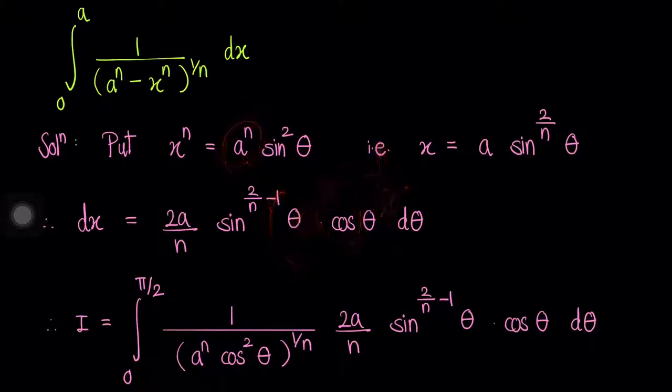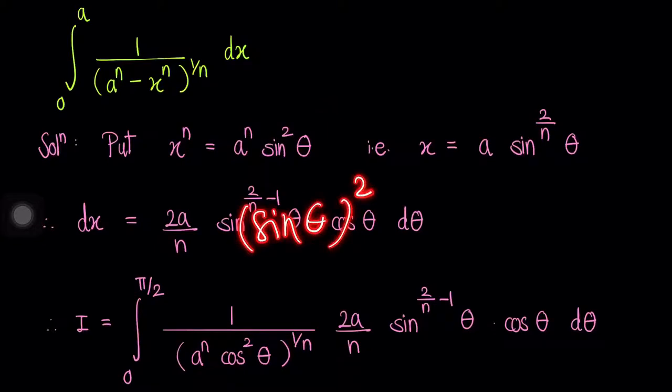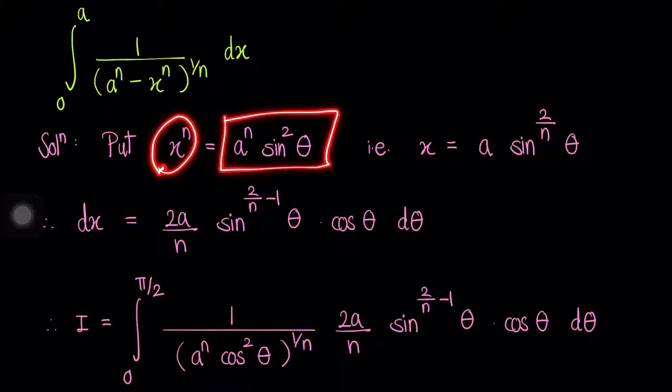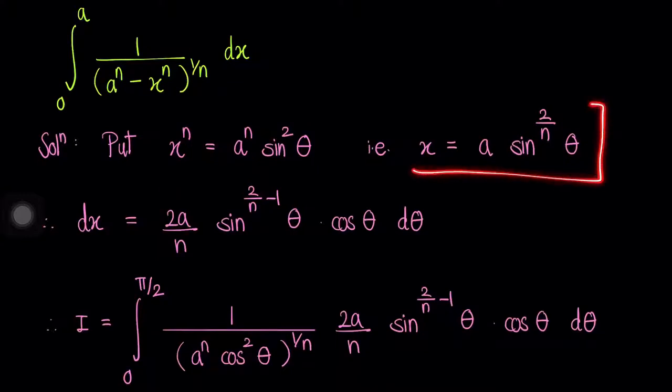So we will have x equal to a into nth root of this sine square theta, that is sine theta whole square into 1 by n, that is going to be sine theta raised to 2 by n. So by putting x raised to n equal to a raised to n sine square theta, we have x equal to a into sine theta raised to 2 by n.